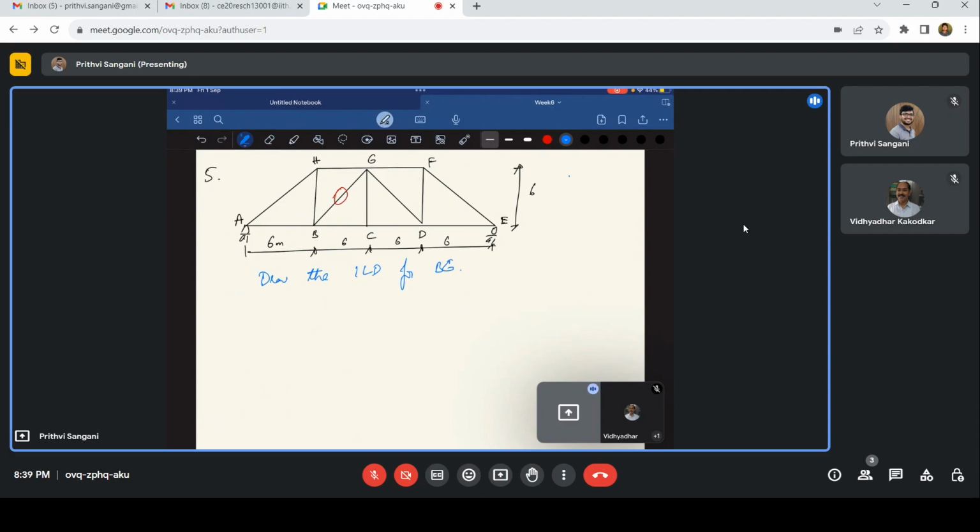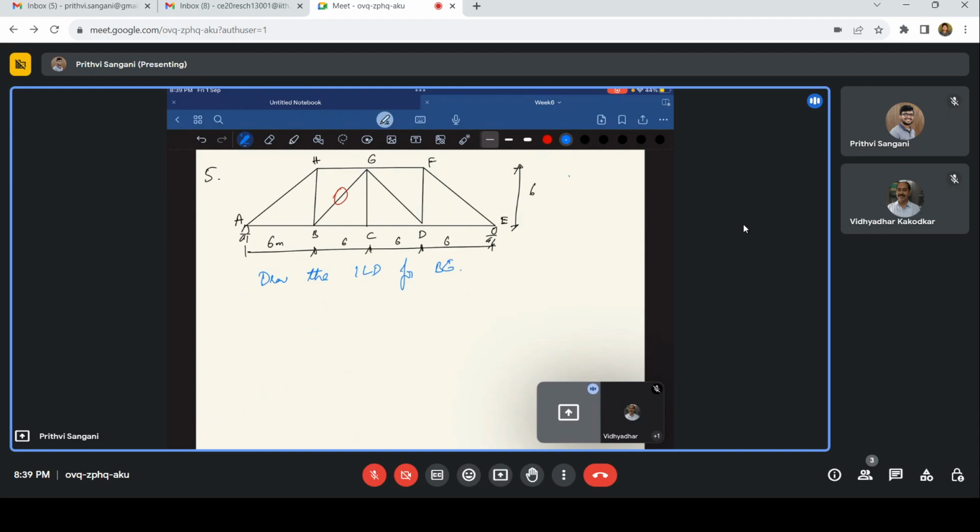If you remember when we discussed the analysis of truss members, there are two important assumptions we usually use: one is that the truss members are connected to each other by hinge connections, and the second is that the loads always act at the nodes.